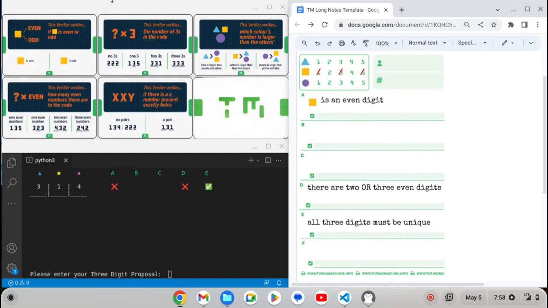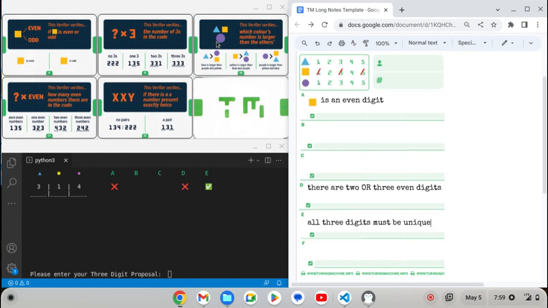Well, in fact, it's criteria C. The reason is this criteria tells us which of the 3 digits is the absolute largest. So if we have an absolute largest digit, then obviously all 3 cannot be the same. So technically, it is true that all 3 digits must be unique.